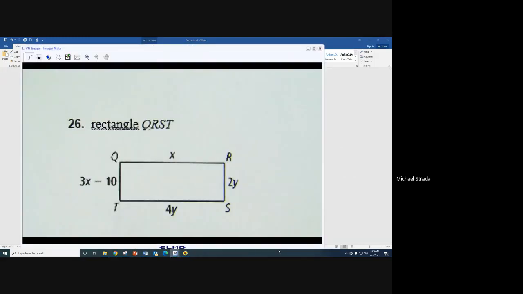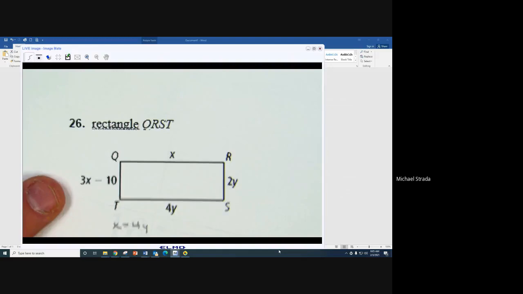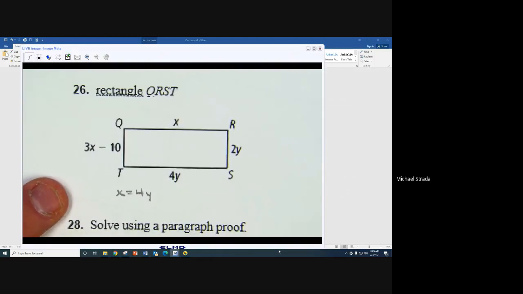Start with 26. According to the diagram, opposite sides of a rectangle are congruent. So x equals 4y. 2y equals 3x minus 10.